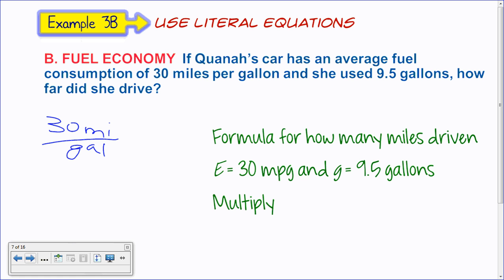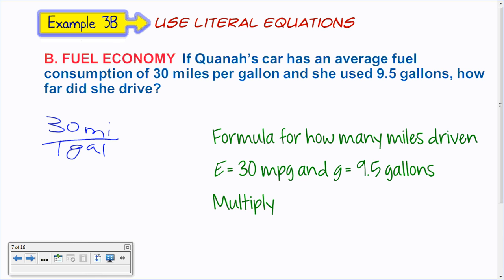Write it as 30 mi, which stands for miles, over gallons, just like this. I could put a 1 in there. For every gallon of gas I have in my car, I can expect to get 30 miles, or be able to drive 30 miles. That's pretty good gas mileage, isn't it?